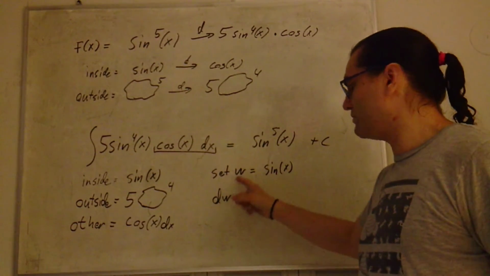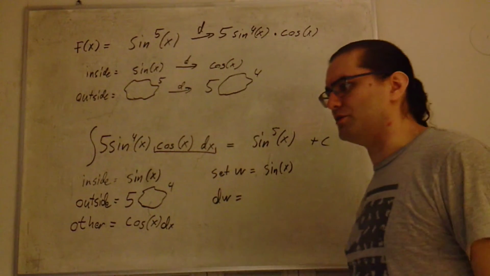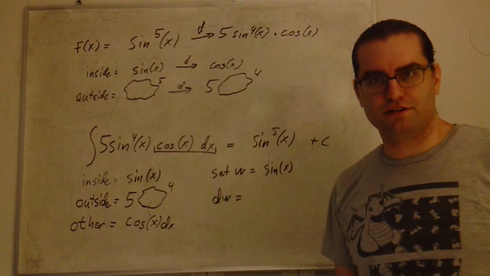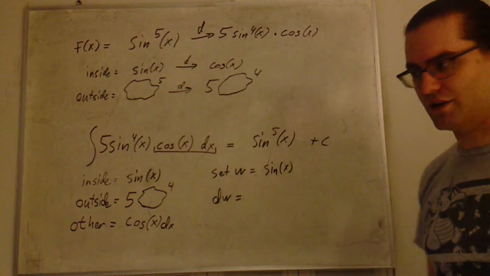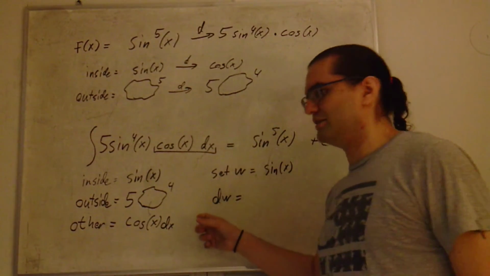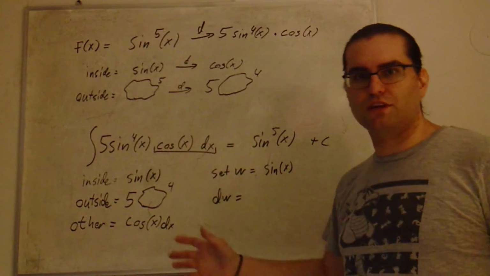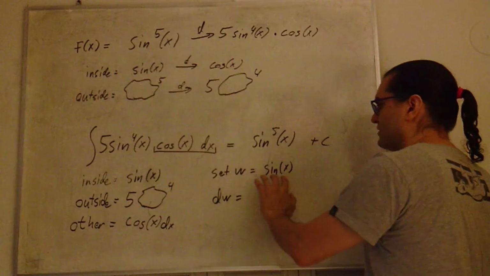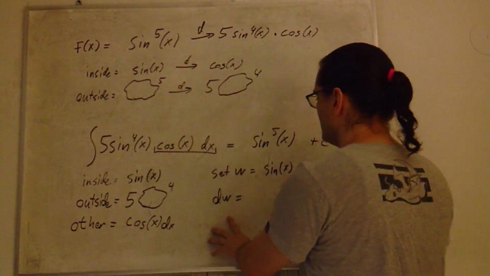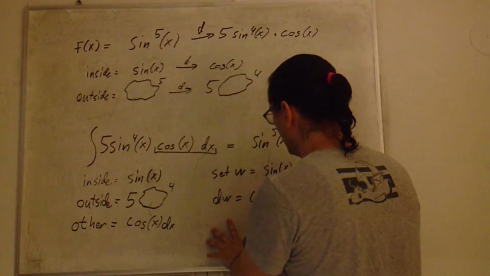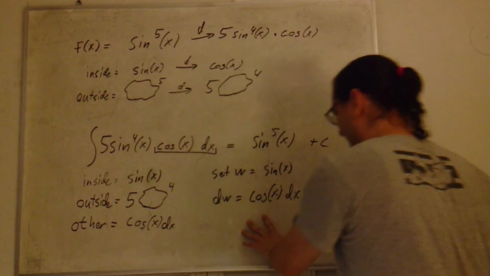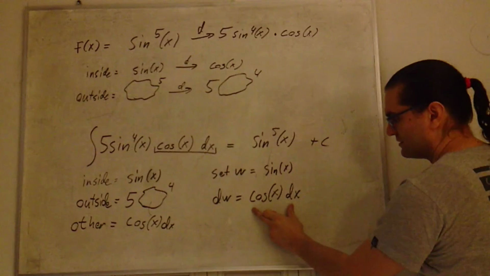So think about this dw in terms of like implicit differentiation sort of stuff, or related rate stuff. When we had these, every time you took the derivative of something, you added a d to it. So if w is the sine of x, then dw should be the derivative of sine of x dx. This is dw.